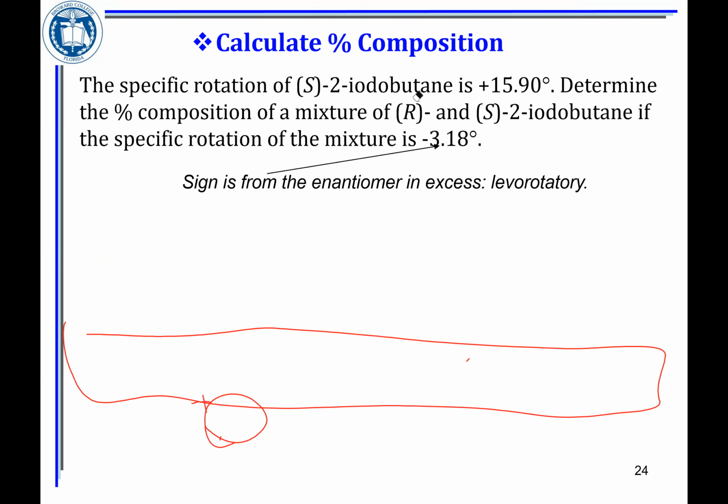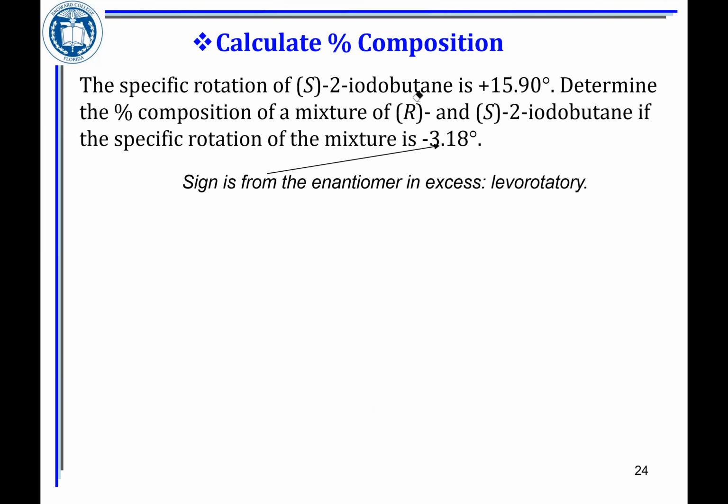Sure. If the specific rotation for the pure sample of one of the enantiomers is given, and that is plus, we know that S is going to be plus and R is going to be minus. When you have a mixture of R and S and the overall is minus, which one is in excess? R would be in excess.